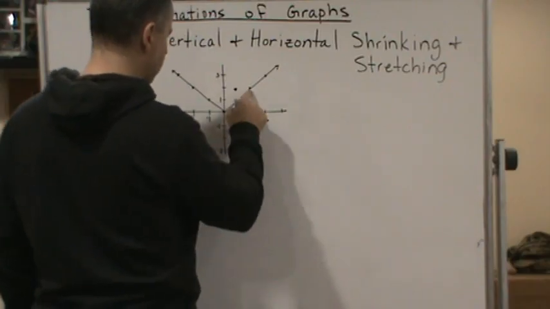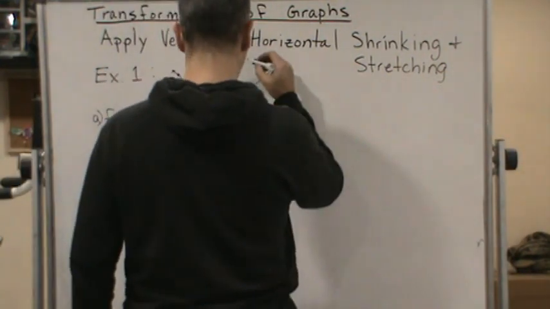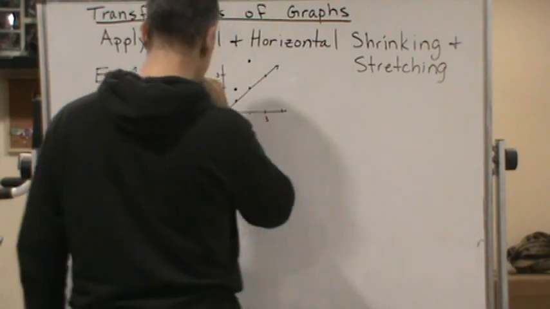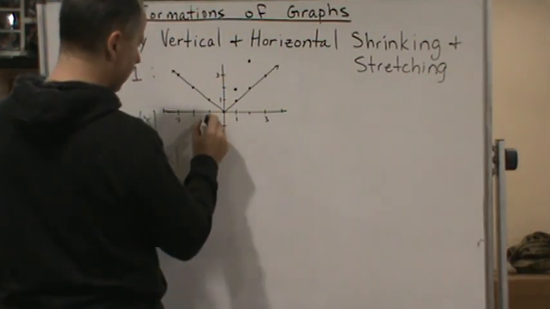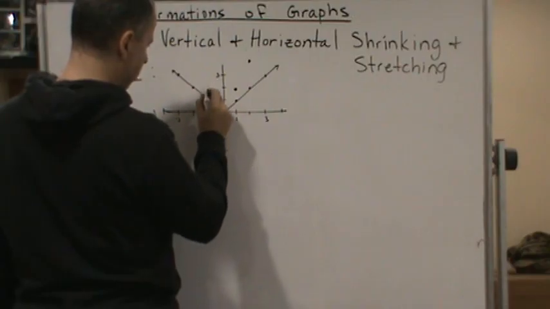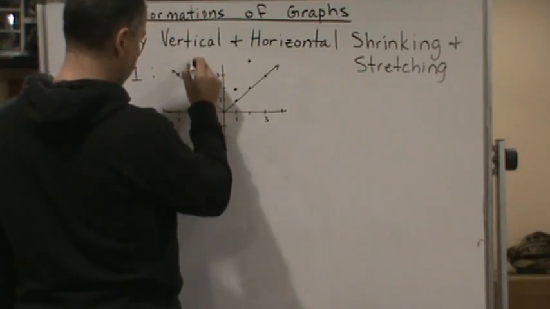And then 2 times 2 is going to go to 4, so that's going to be up here. And likewise over on this side, this is going to go to 2, and this is going to go to 4.